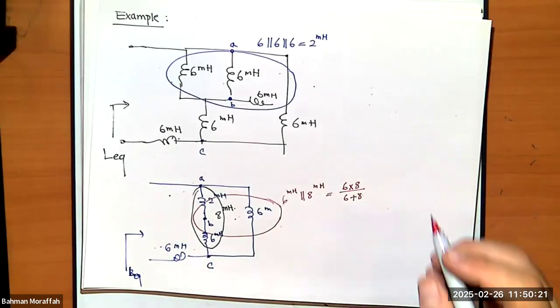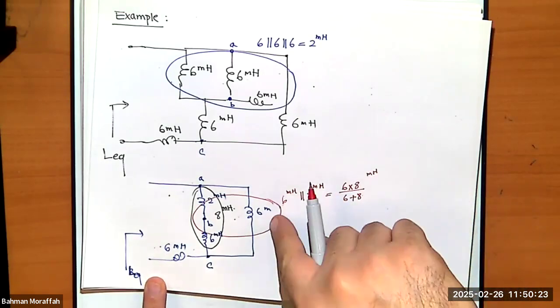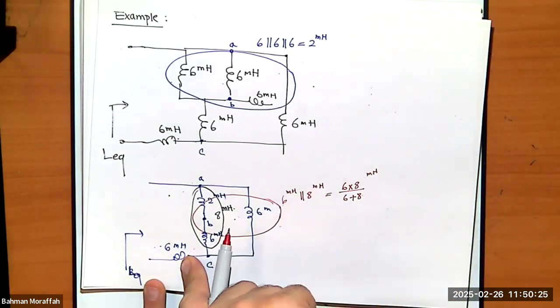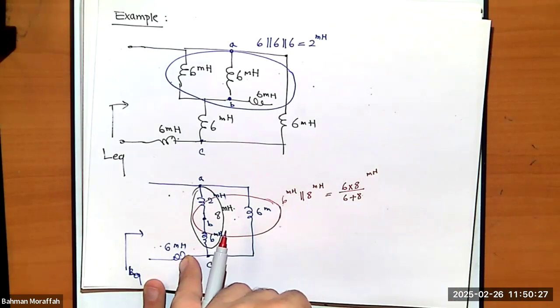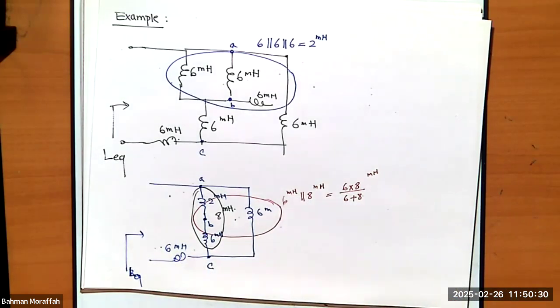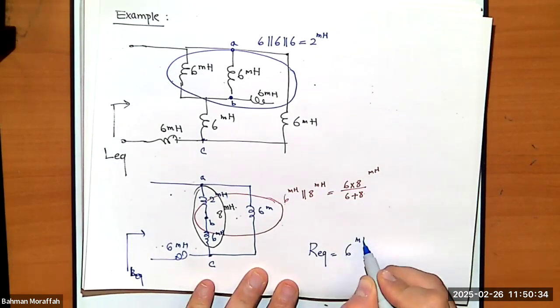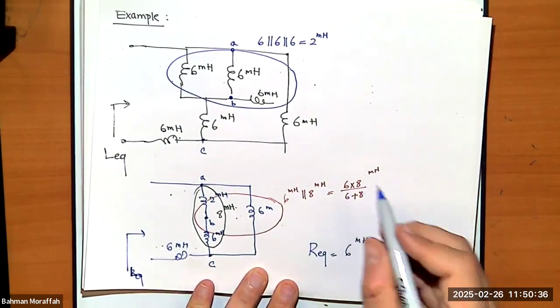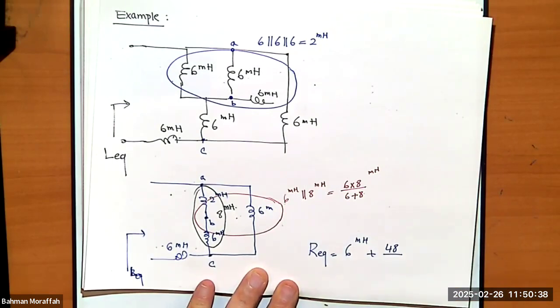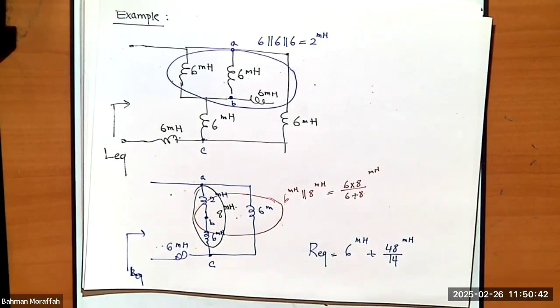And do you agree this result is in series with the 6 millihenry? So therefore, our equivalent is 6 millihenry plus 48 divided by 14.